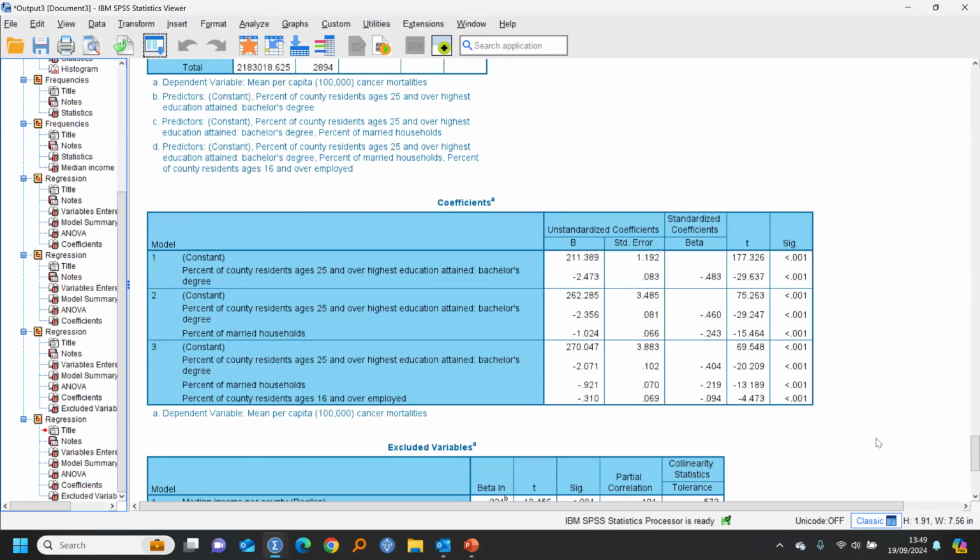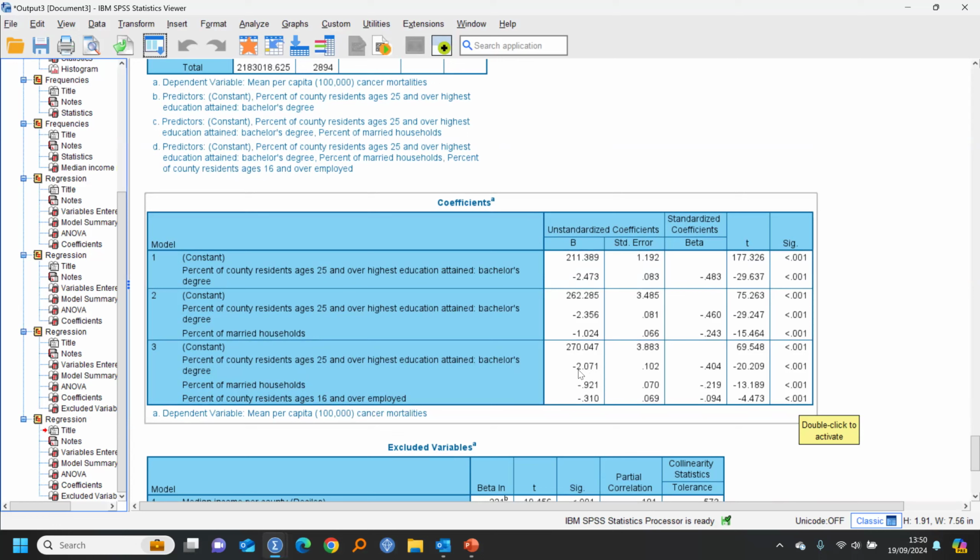And the 3 fields that are chosen are percent of county residents aged 25 and over who have attained a bachelor's degree, so basically graduates, percent of married households, and percent of county residents aged 16 and over who are employed.